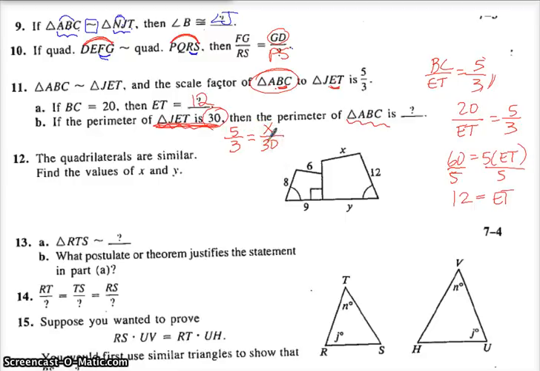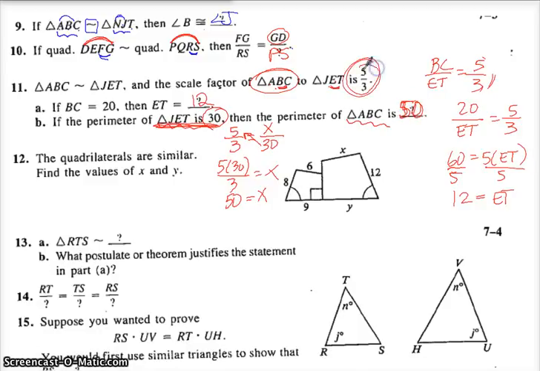Right? So 5 is to 3 as x is to 30. So we cross multiply 5 times 30. I'm going to keep my 3 over here, right? Because there's no sense in putting it back over to the x, only to divide it again. So x equals 50. So the perimeter of ABC is equal to 50.